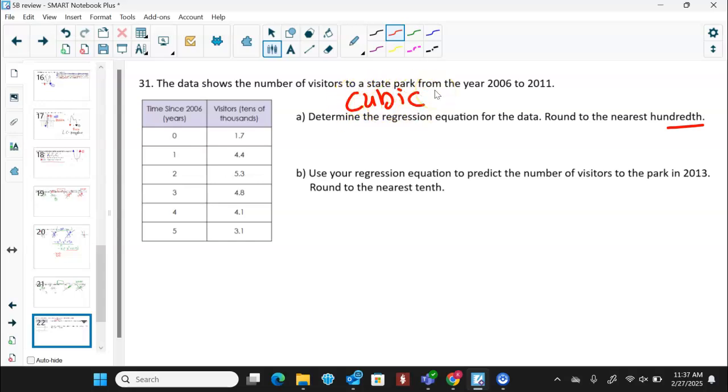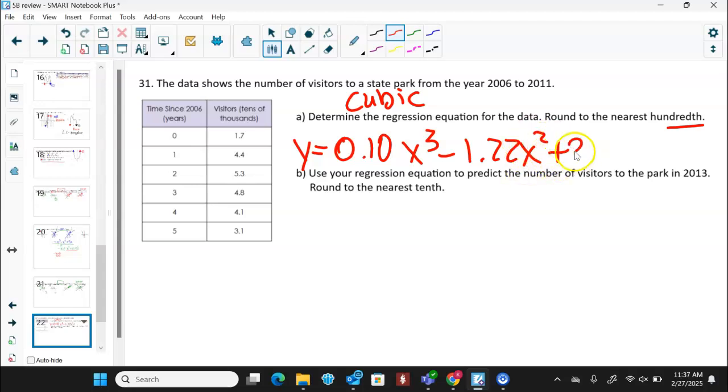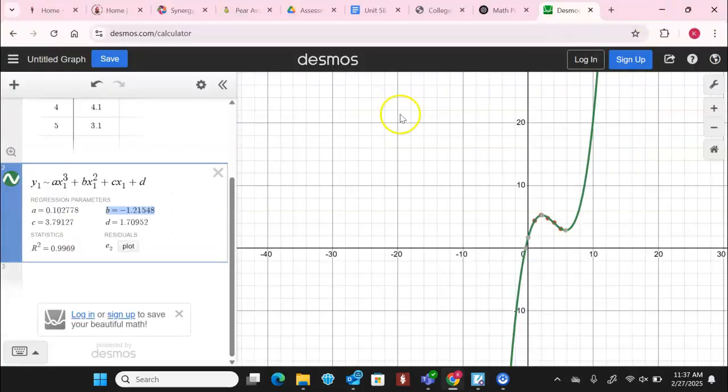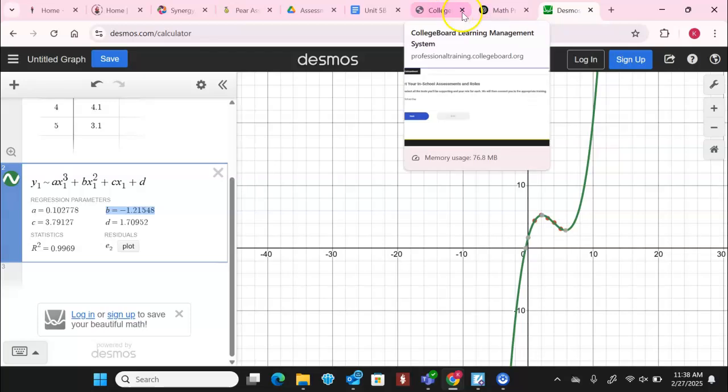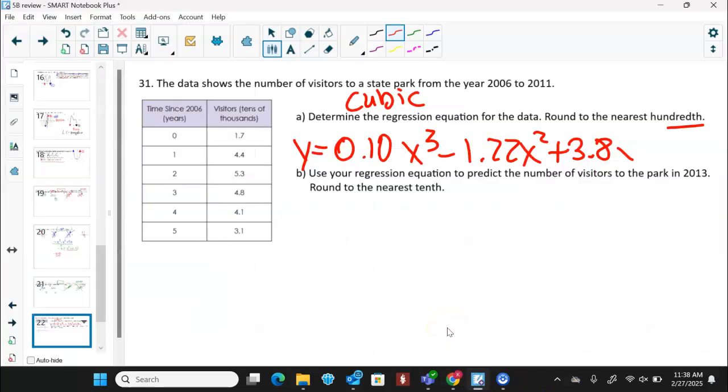This is going to be y equals 0.10 x cubed minus 1.22 x squared plus 3.80 x, and the last one would be 1.71.